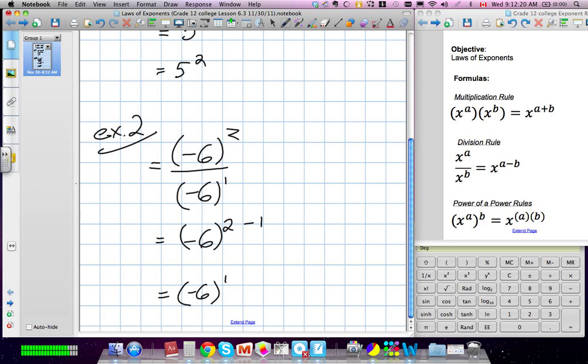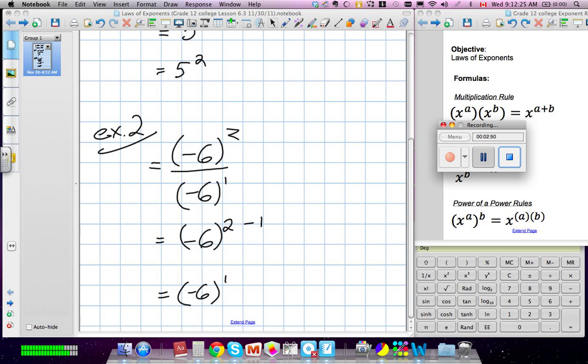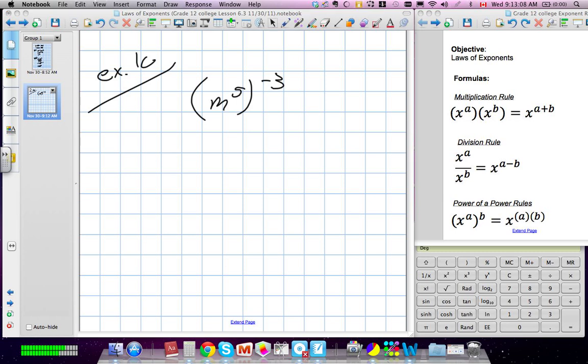Okay, 1c. We have a base to an exponent, and then to another exponent. So it's a power of a power rule, which we have over here. Okay? The power of a power rule says that if we have a term in the brackets with an exponent, and those brackets are to an exponent, you can simplify it by keeping the base the same and just multiplying the 2 exponents.